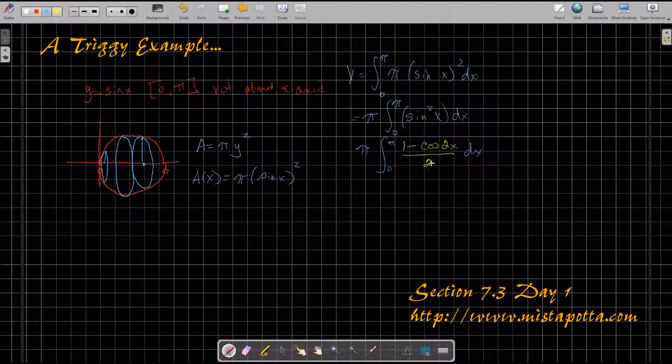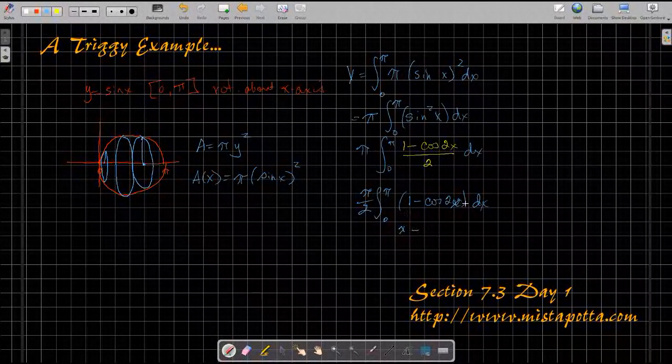Now again, this 2 is really a constant that I can pull completely outside. So I've got pi over 2 times the definite integral from 0 to pi of 1 minus cosine 2x dx. And the antiderivative of 1 is x.